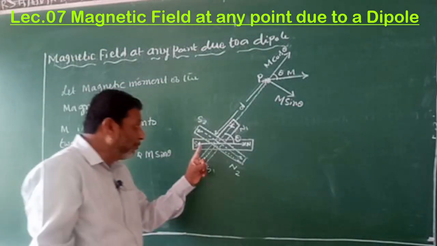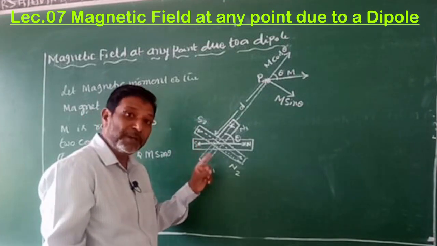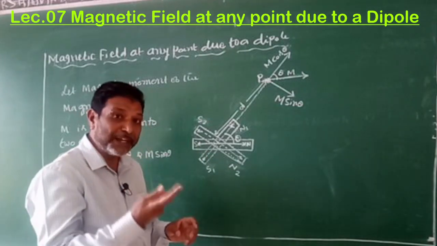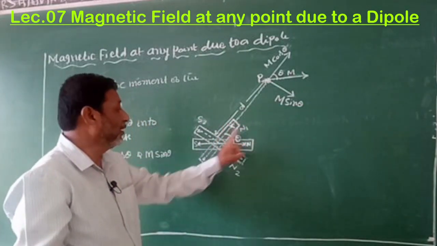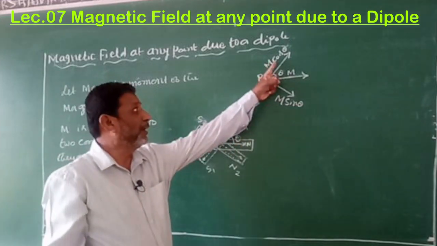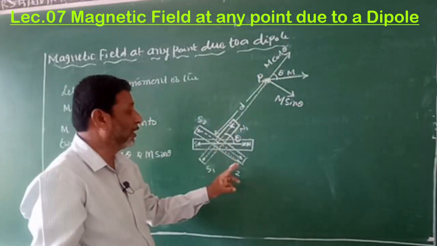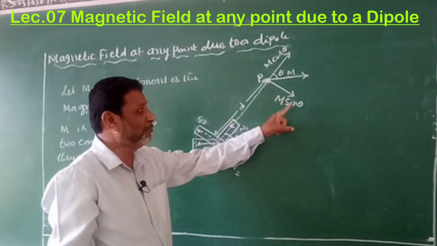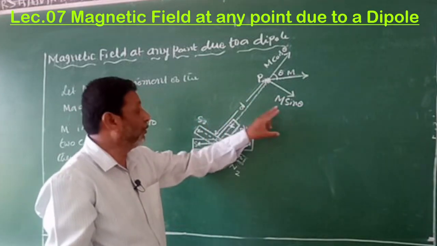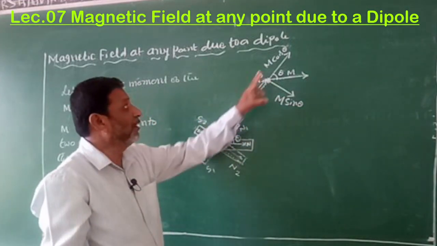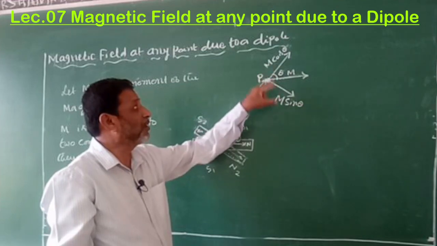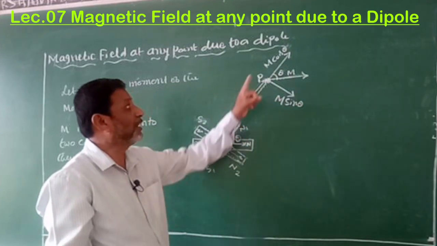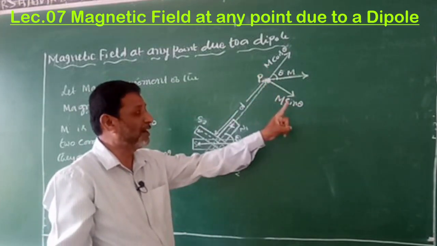Means this one magnet can be split into two magnets: N1 S1 of magnetic moment m cos theta, and N2 S2 of magnetic moment m sin theta.